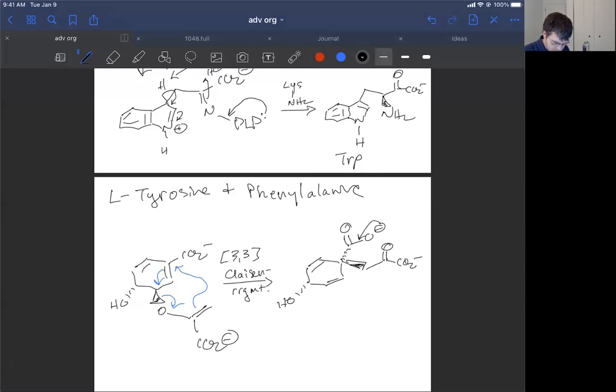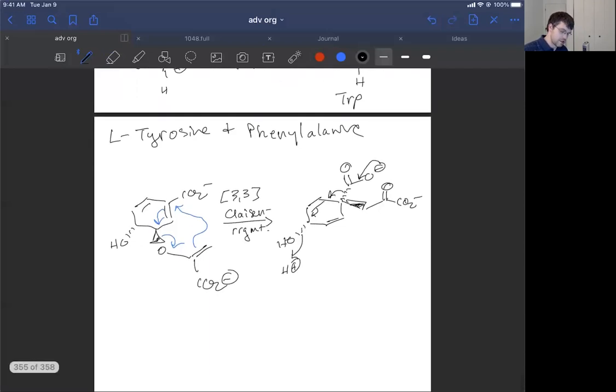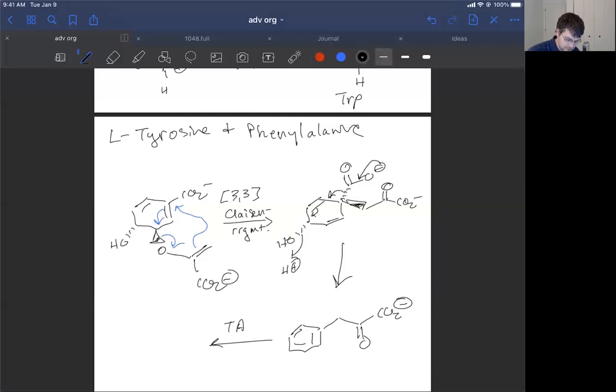Now we're going to decarboxylate, push through, and then push off the OH, and that gives us the alpha keto acid precursor, just one transamination away from phenylalanine. Transamination to our amino acid.